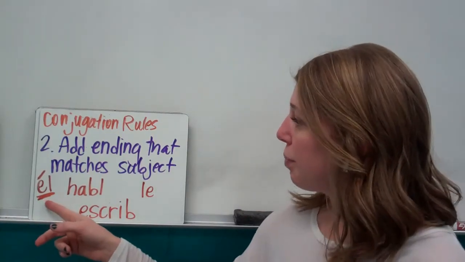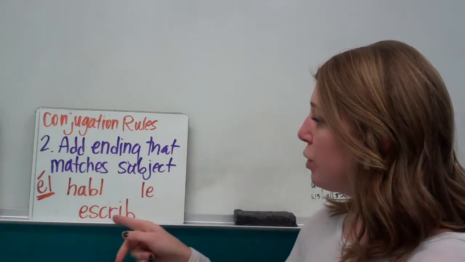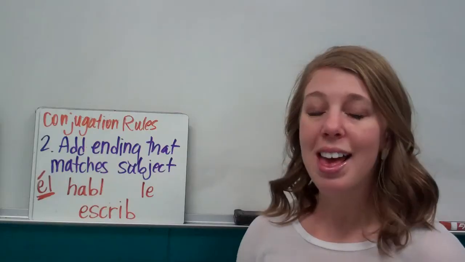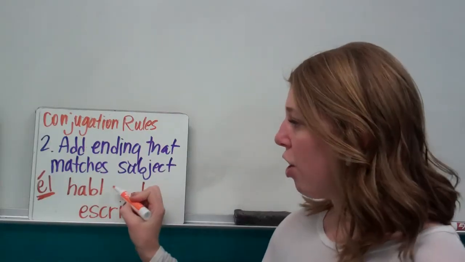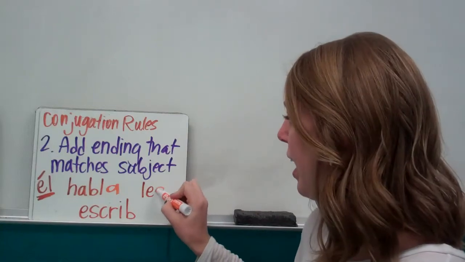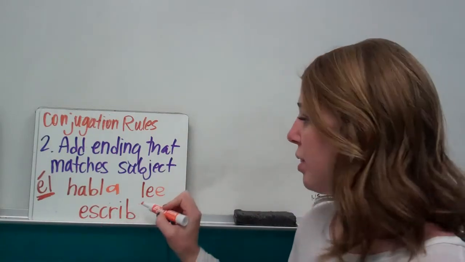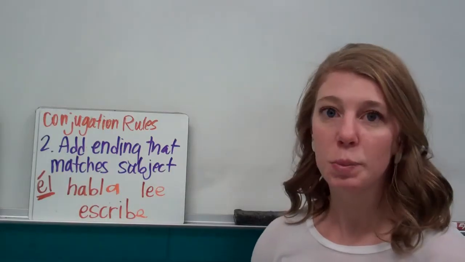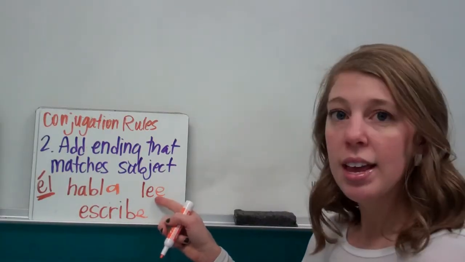So let's look at this one. We have our stems from the very last thing, and we want to add the él ending. So for an AR verb, it's going to be a. For an ER verb, it's going to be e, and for an IR verb, it's going to be e as well. So what we're saying right here, él habla, he speaks. Él lee, he reads.